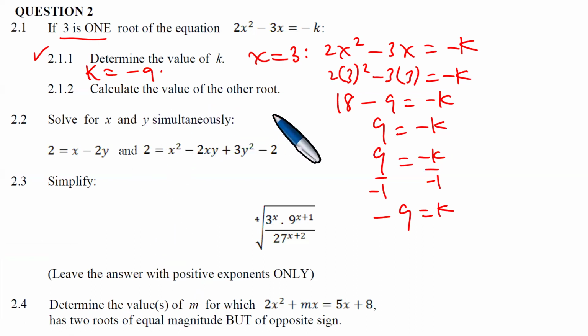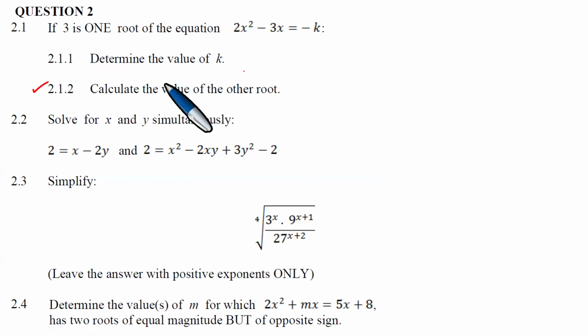Calculate the value of the other roots. How do you find the value of the other roots? Anyone? So obviously at this point, we are sure that k equals minus 9. What is the value of the other root?